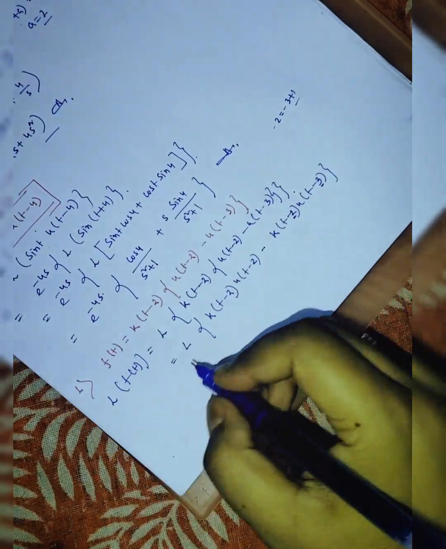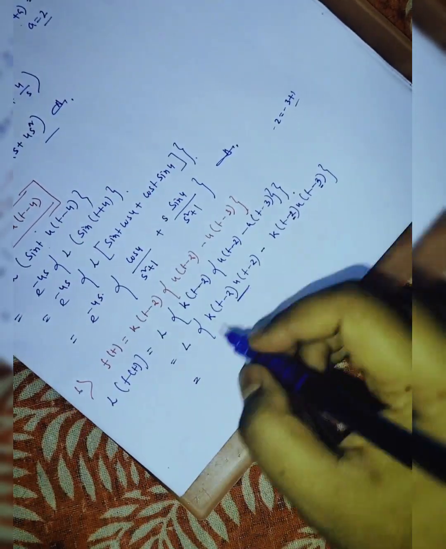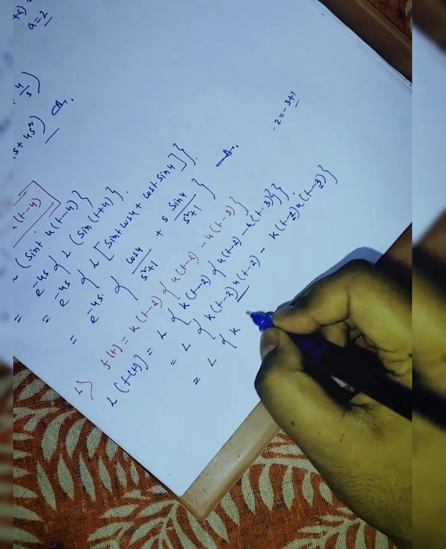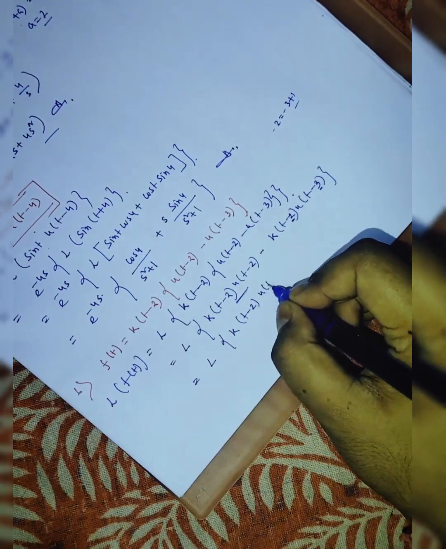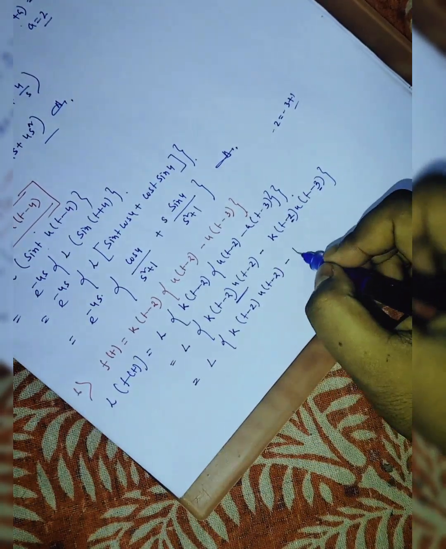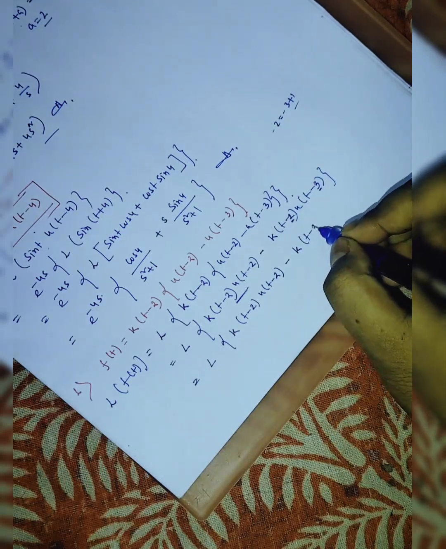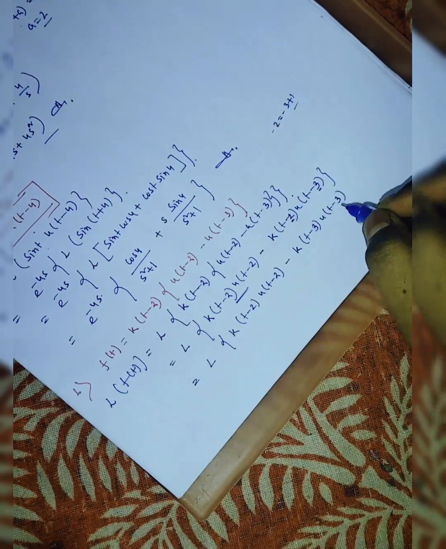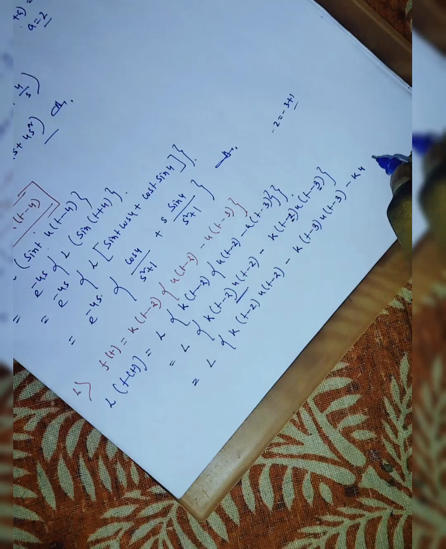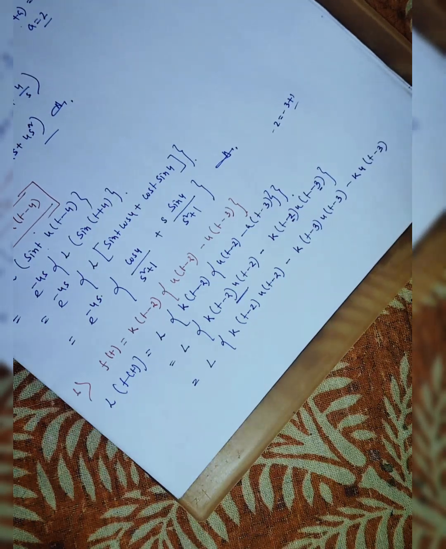So I am doing it. Here I can use this formula. First of all I need to write k of t minus 2 into u of t minus 2 minus k of t minus 3 u of t minus 3 minus k of 1 into u of t minus 3.